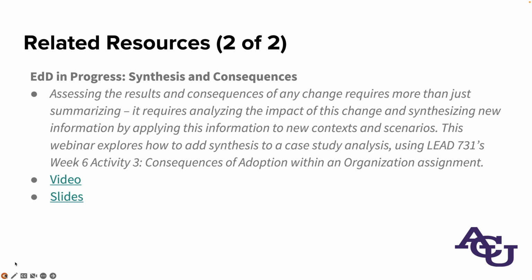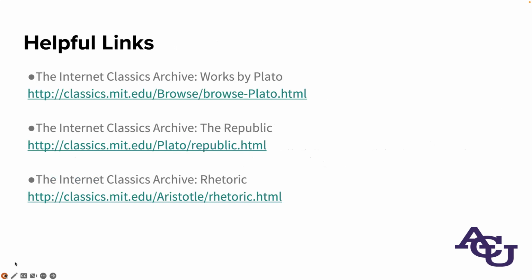You can find these on the Writing Center webpage, or if you're looking at the slides, just click on the links. Some things that you also might be interested in, besides the course readings: you can access many of these classics through the Internet Classics Archive maintained by the Massachusetts Institute of Technology, MIT. The text for all the works by Plato and Aristotle you can find in complete form there, for example.